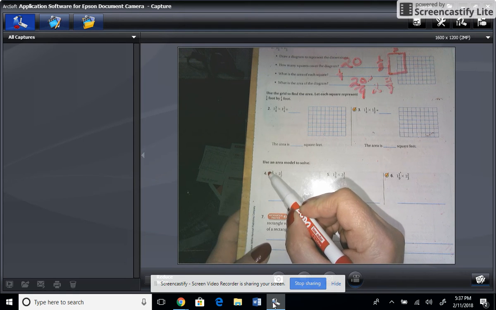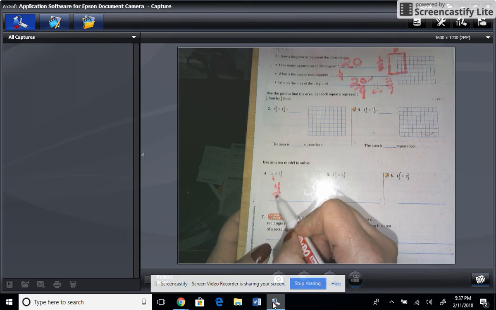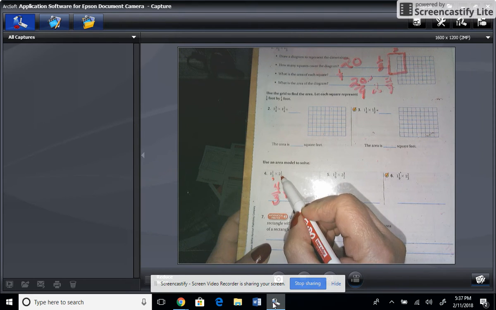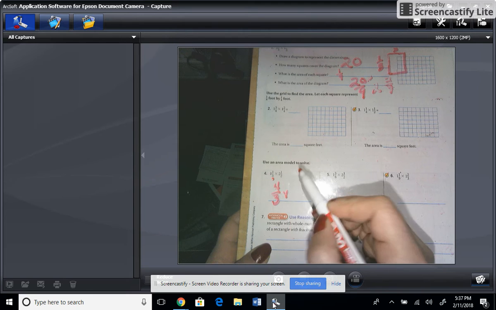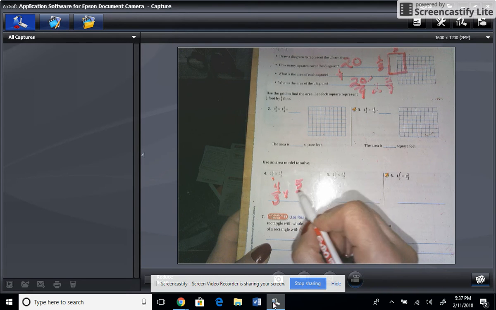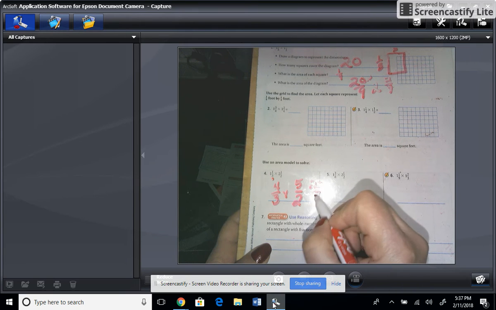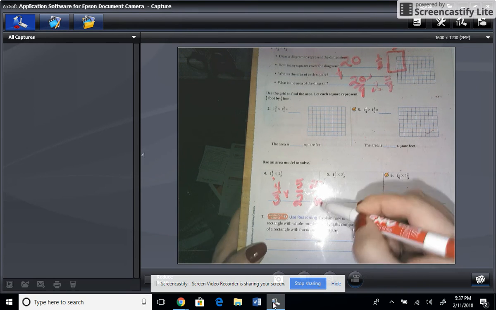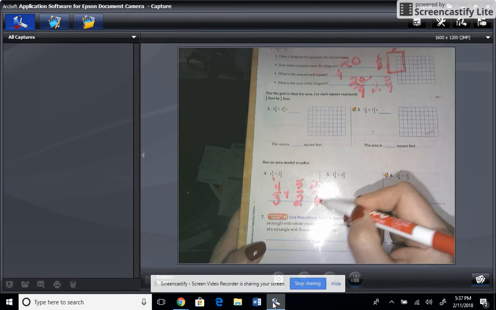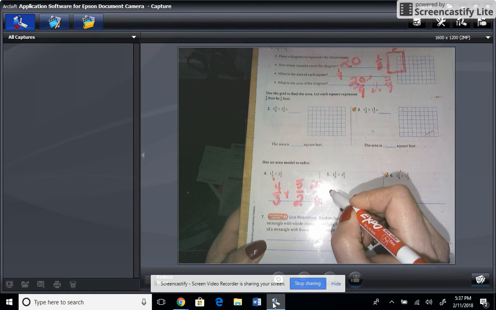Now I'm just going to multiply this across, and then I would change this back into a mixed number. How many 6s go into 20? 3, and that's 18, and that's got 2 left over. I can simplify that again to 3 1/3. I think if you go the model way, you'll find the same answer as that.